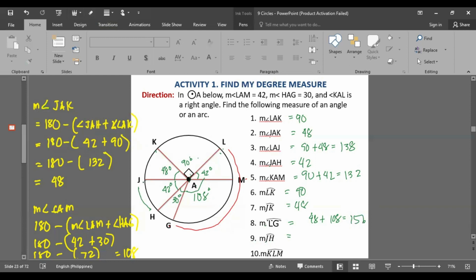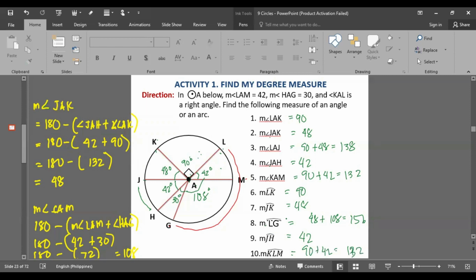The measurement of central angle JAH is equal to its intercepted arc JH. So it's 42. And lastly, measurement of arc KLM. Just add these two central angles, KAL and LAM. We have 90 plus 42 is 132.